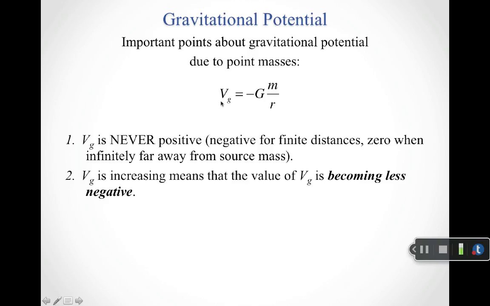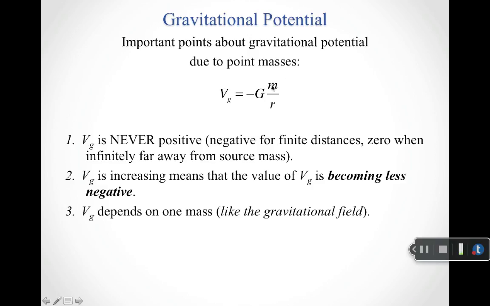To increase the potential means that the potential is becoming less negative, and you do that by moving further away from your point mass. The farther you get from your point mass, the greater the potential is. So you're increasing the potential by moving farther away, but you still have a negative number.